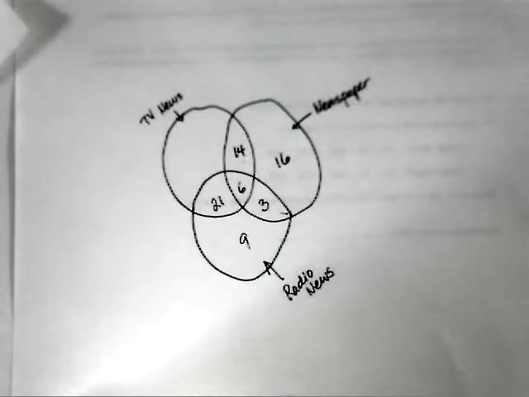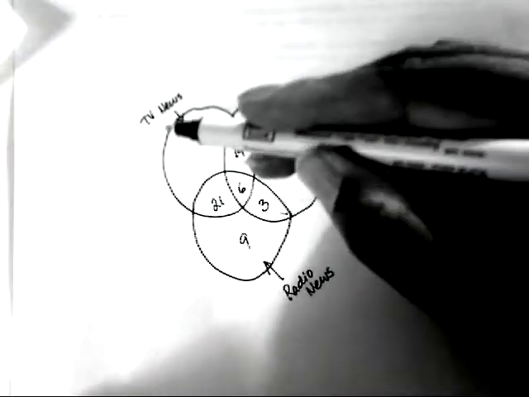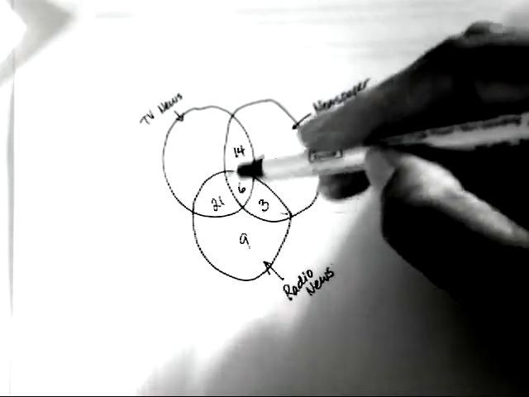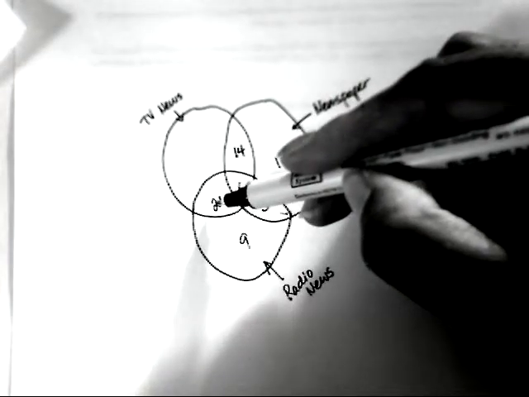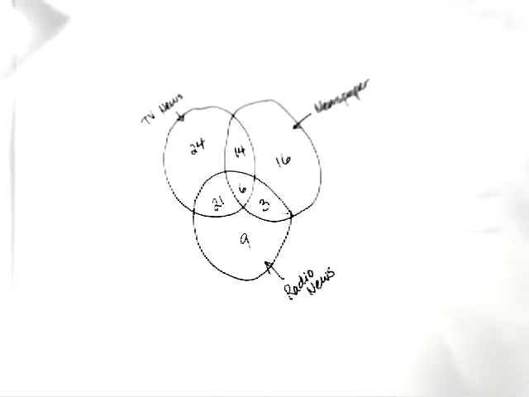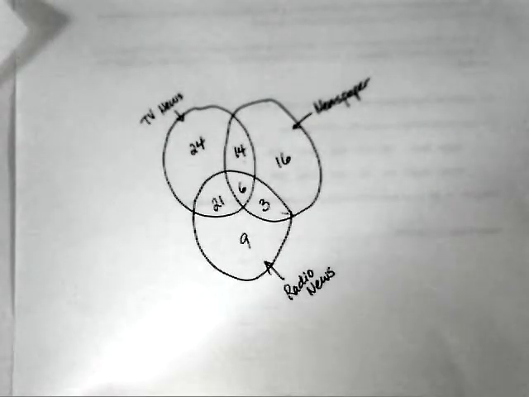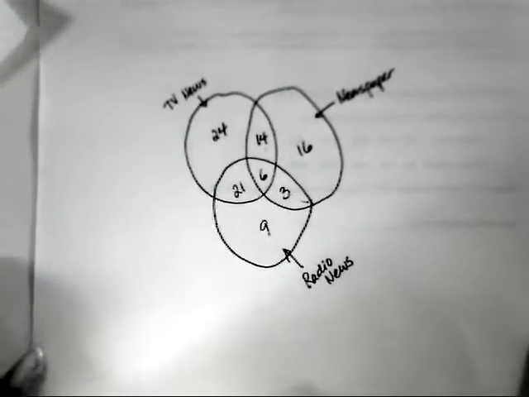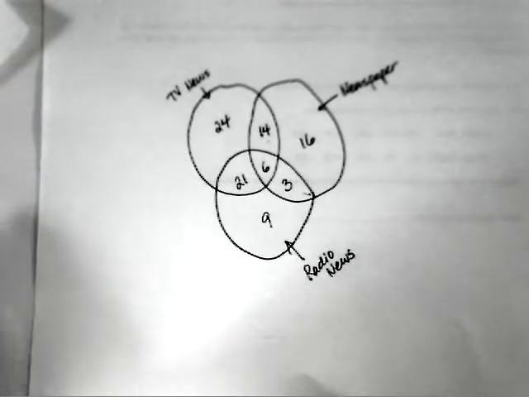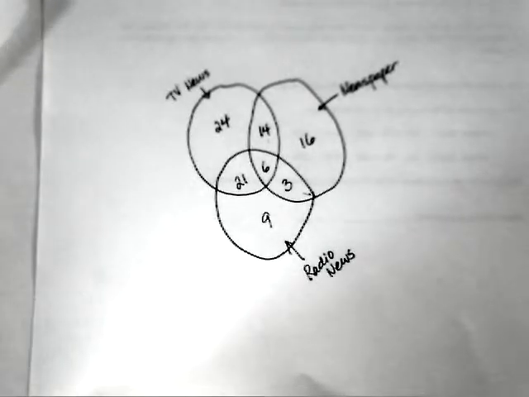And then 65 watched the news on television. So that's the circle right here. 14, 6, and 21. That's 41. 41 from the 65 will give you 24. So 24 people only watch the TV news. So this is the correct way of completing that Venn diagram. Okay? Because the key word here is this.